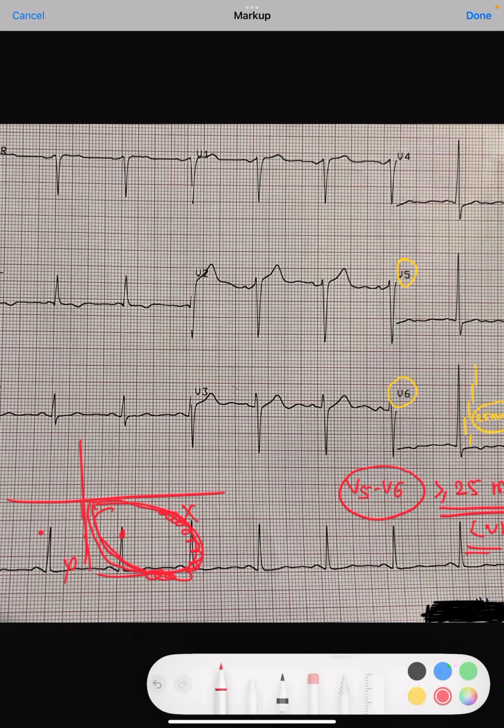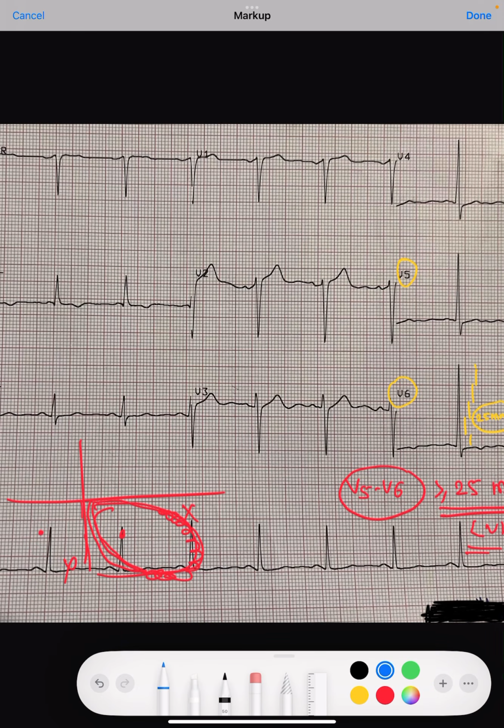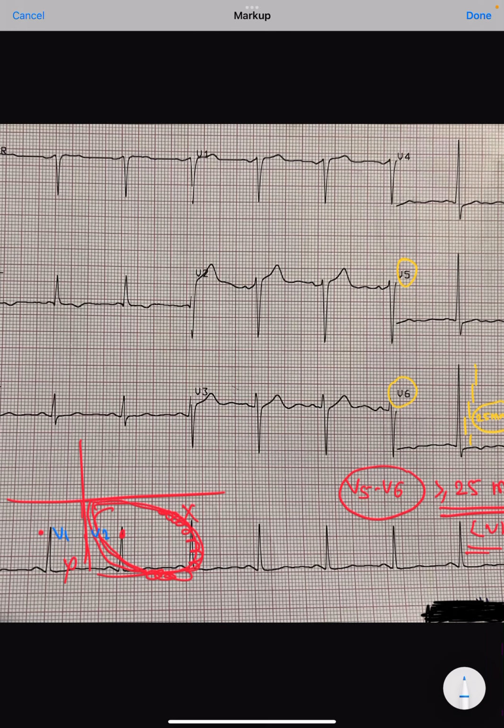When we place the leads, V1 is placed here, V2 is placed here, V3 is around here, V4 is around here, V5 is around here, and V6 is around here. So the maximum portion of the left ventricle is around this area. So V5, V6 are the leads which directly reflect the hypertrophy of the left ventricle.